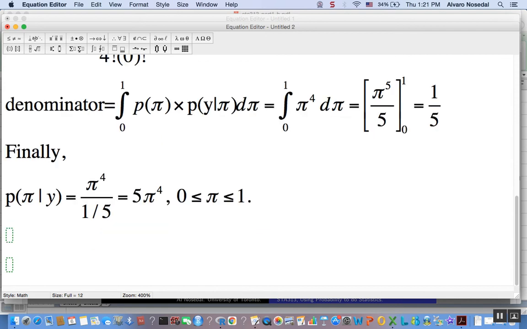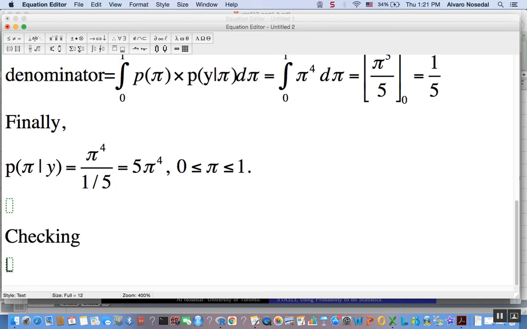Now it would be a good idea to check that we ended up with a legit probability distribution. We know that legit probability density functions should be non-negative, meaning 0 or positive.